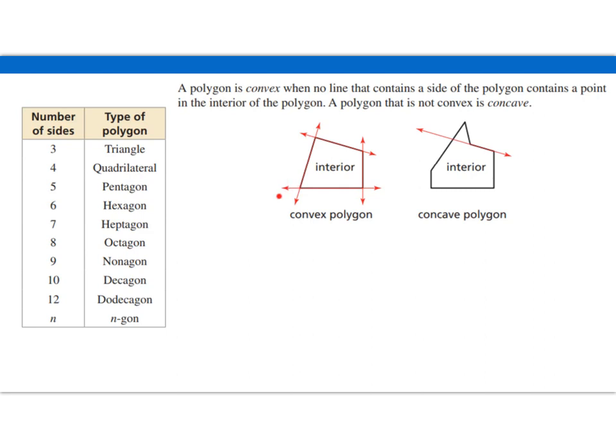A concave polygon is a polygon that's not convex, meaning that if you draw a line on one of the polygon's sides, it will go through at least one part of the interior, and you can see that it goes through right in here.